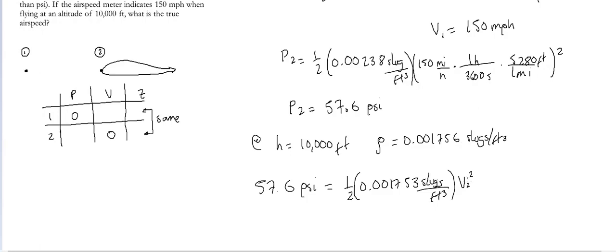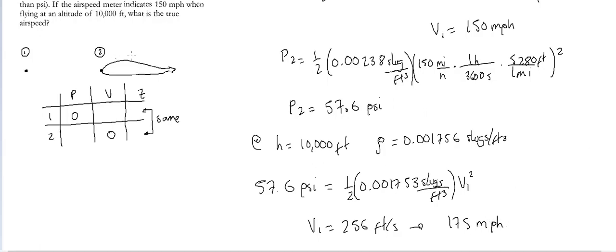Then we solve for the actual velocity that we're looking for, V1. We find that the velocity is actually 256 feet per second, which in miles per hour is equal to 175 miles per hour.